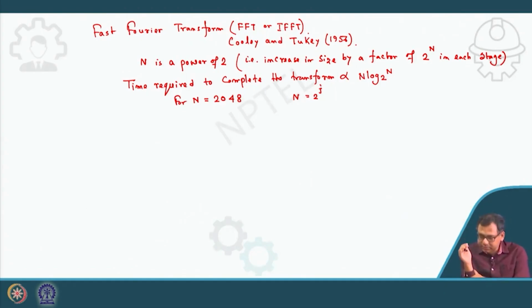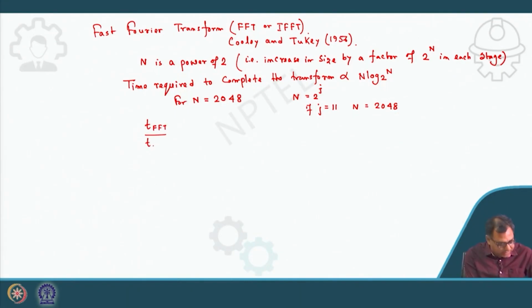So if I say it is 2 to the power j, and if j is equal to 11, then n will be equal to 2048. Okay. So now here we know that the time required for FFT and the time required for DFT are proportional.